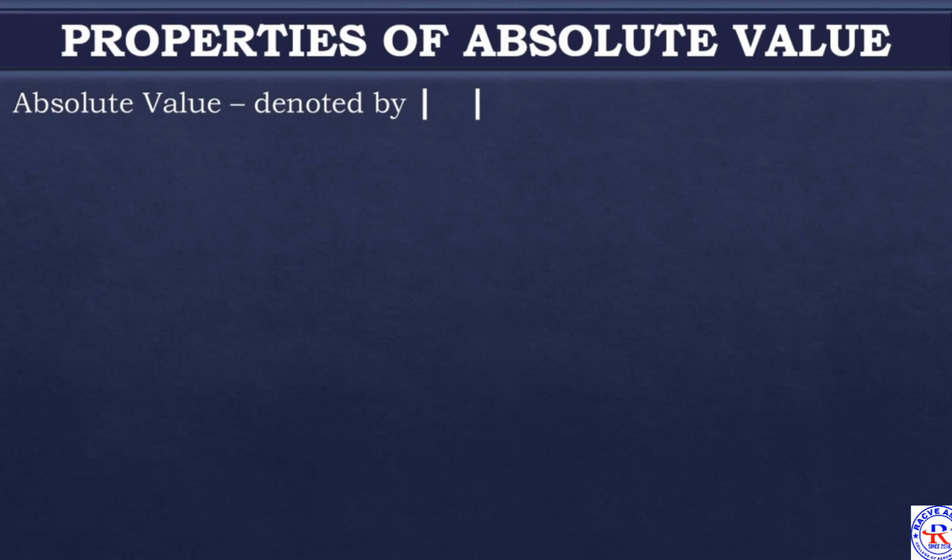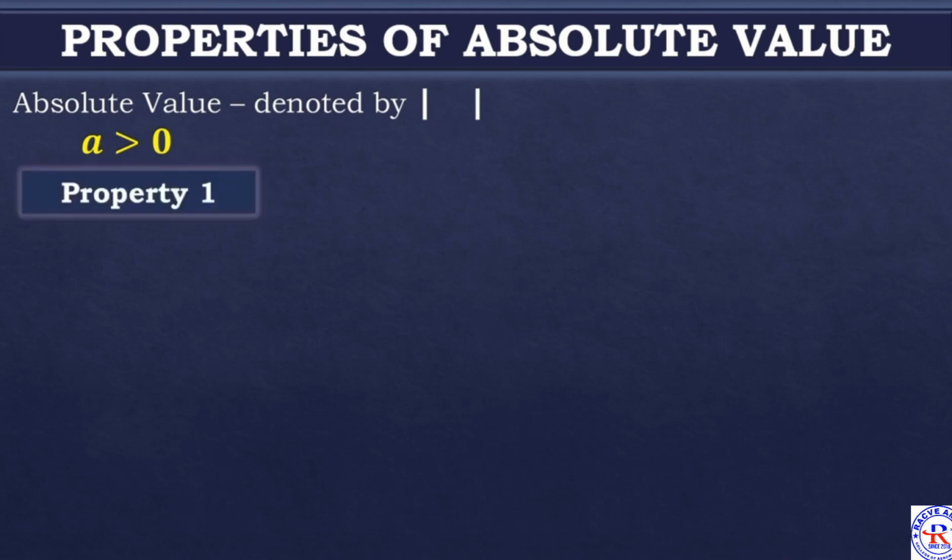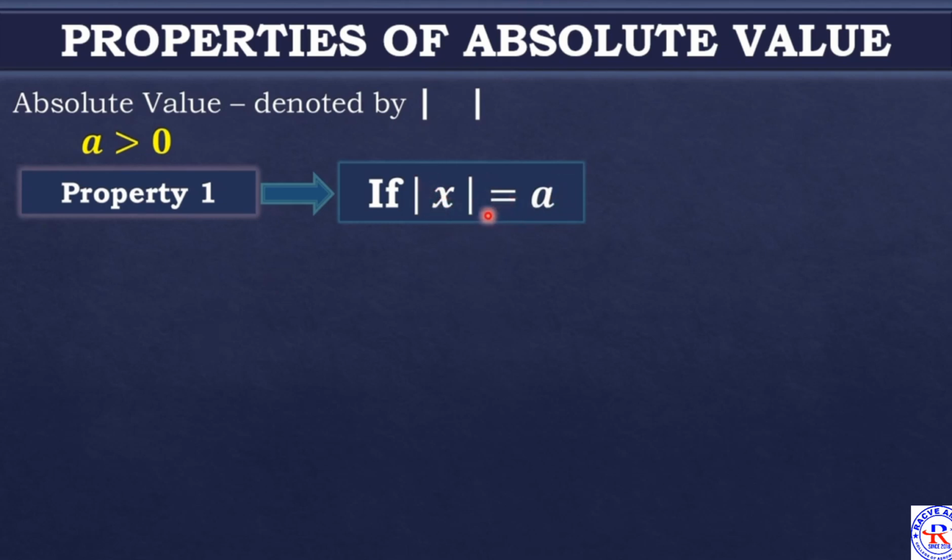Now take note, you're going to use this property if your a is greater than 0. So kapag ang value ng a mo ay 1 pataas, etong mga properties na to ang gagamitin po natin. Okay, let's start. So property number 1: if the absolute value of x is equal to a, where a is greater than 0, kapag equal sign, ito po ang pattern.